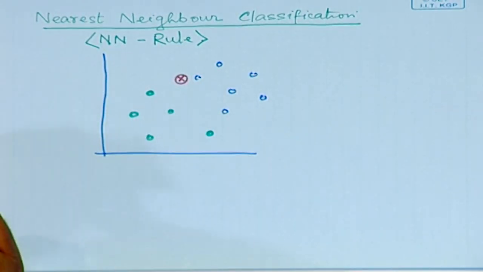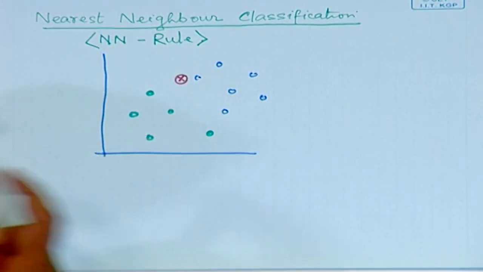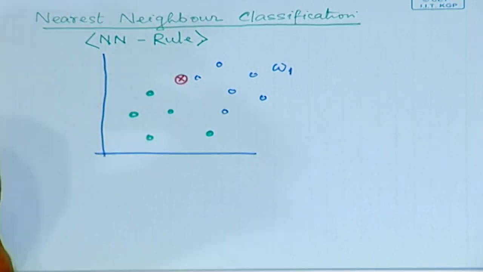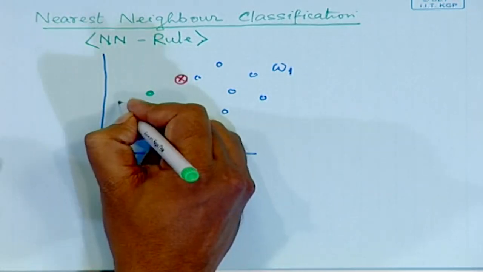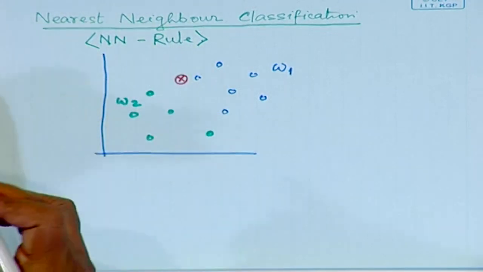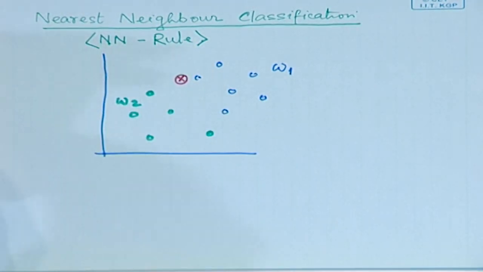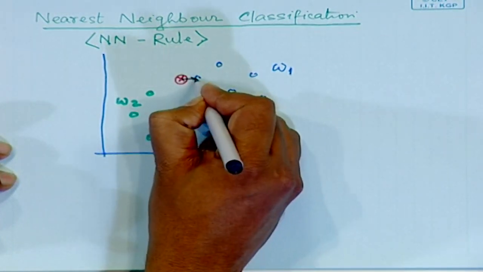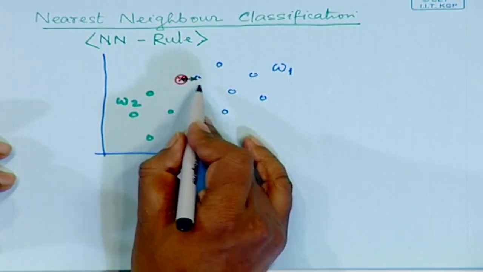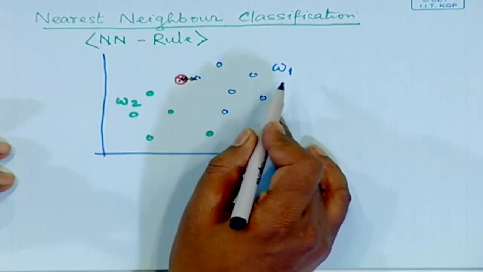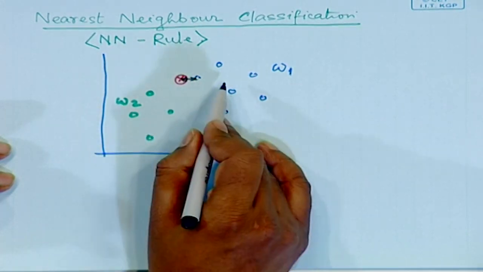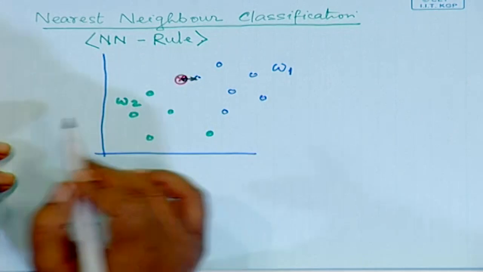If these samples belong to class omega 1 and these belong to class omega 2, I find which sample is nearest to this unknown sample. The distance between this sample and this sample is minimum, so the nearest sample is this one, and it belongs to class omega 1. So I simply classify this unknown sample to class omega 1.